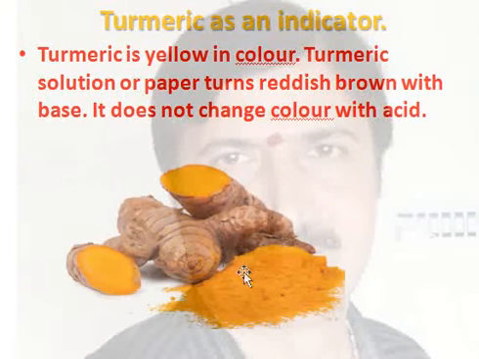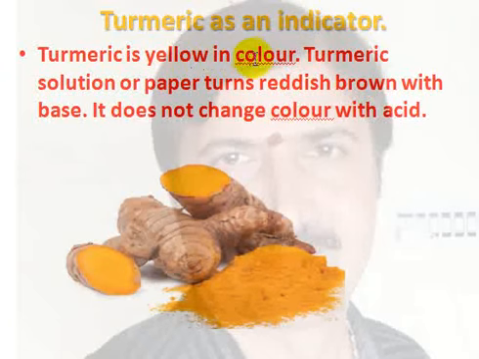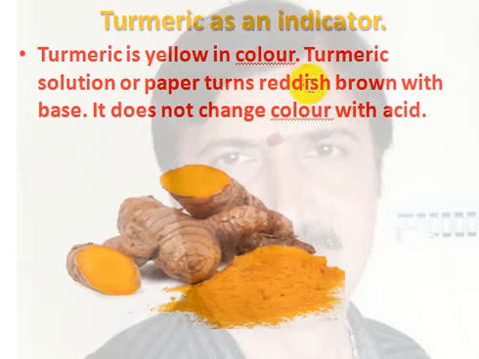See, this is a well-known material used for preparing food, that is turmeric. It is also an indicator. Turmeric is generally yellow in color. When turmeric solution is applied on paper, it turns reddish brown with a base. For example, if you take turmeric powder in some vessel and add a few drops of lime water, calcium hydroxide, then the yellow color turns to reddish brown.